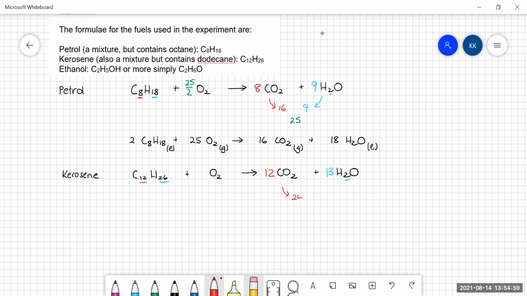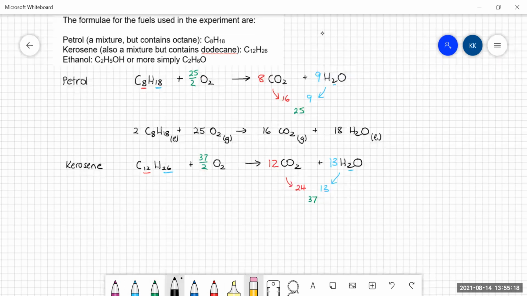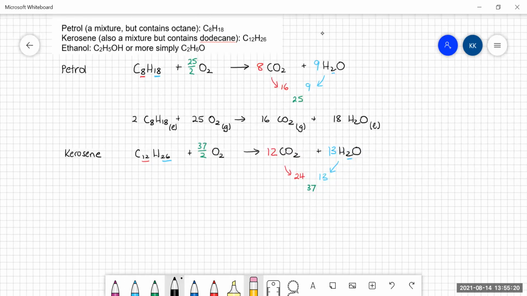We have 24 from the CO2s and 13 from the H2Os. So altogether that is 37. That means that we're going to need 37 halves of the O2, and multiplying everything throughout by 2 to get rid of that ugly fraction.